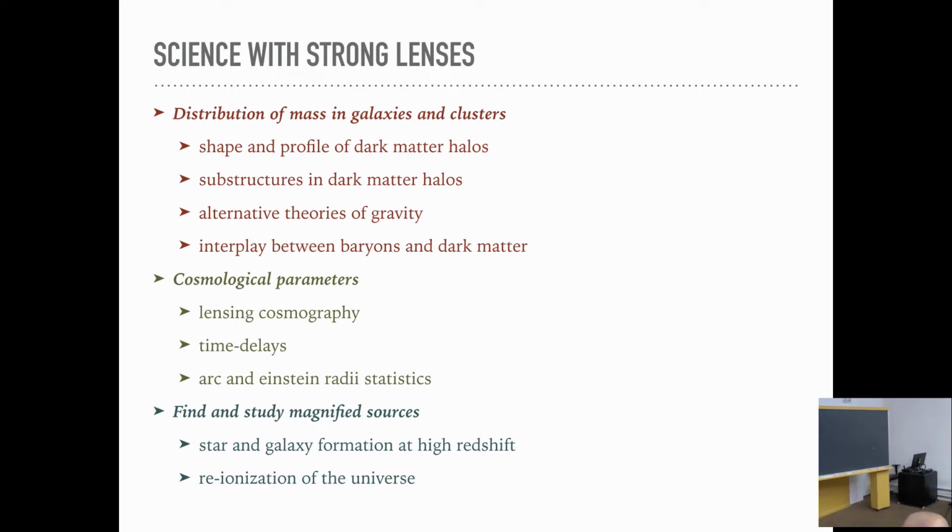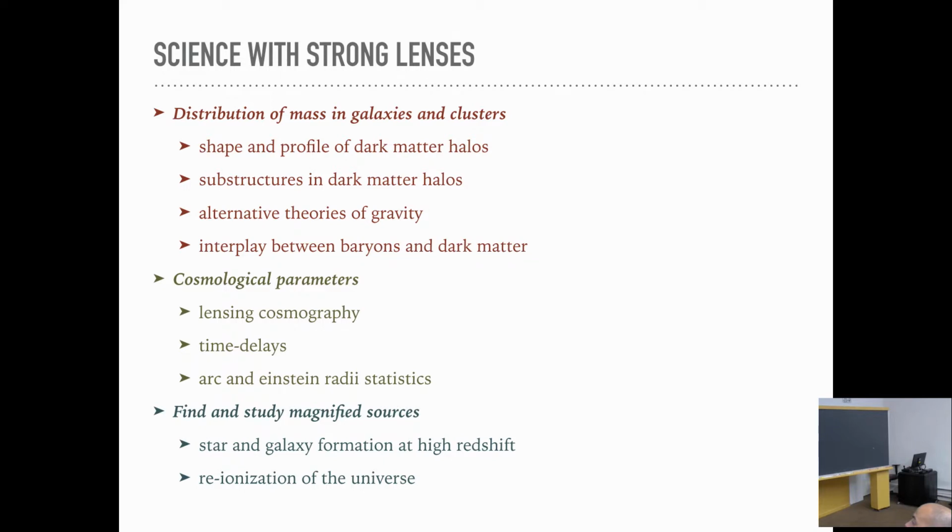Okay, this is particularly relevant if you want to study the nature of dark matter. But then we can also use these strong lensing events to do cosmology. So to do lensing cosmography, measure time delays, and then derive estimates for H0 and other cosmological parameters, do Rμ statistics and so forth.